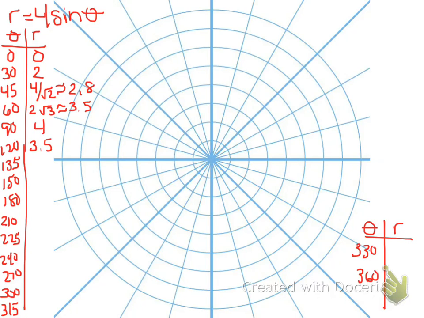I'm going to stick with the decimals: 3.5, 2.8, 2, 0. Then we jump to negative 2, negative 2.8, negative 3.5, negative 4, negative 3.5, negative 2.8, squeezing it in here. Coming over here, we have negative 2 and back to 0. Great. Let's graph.